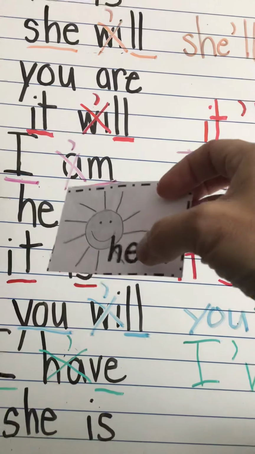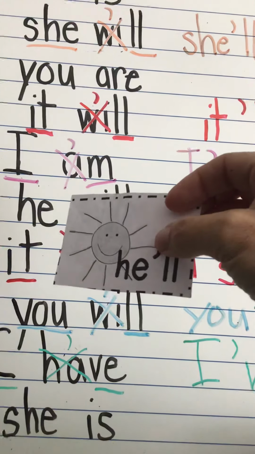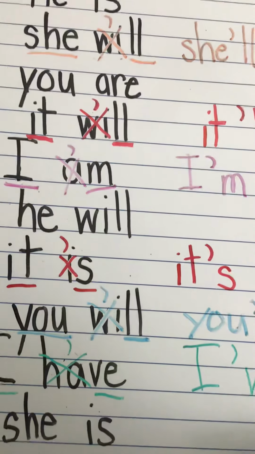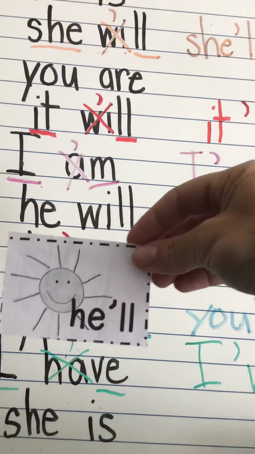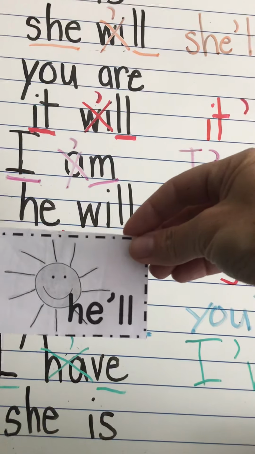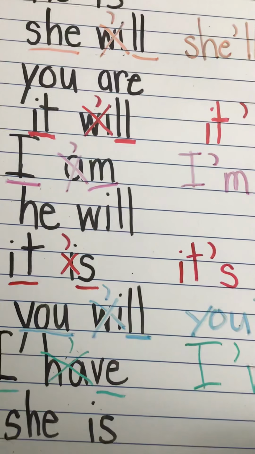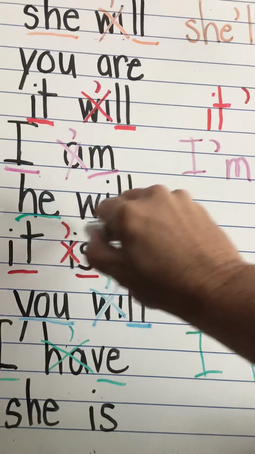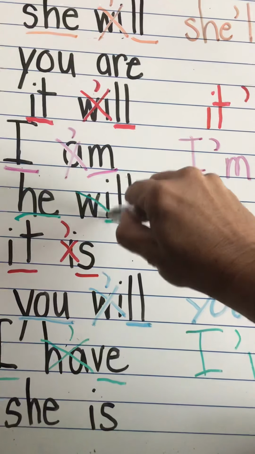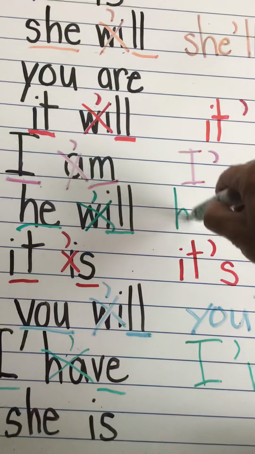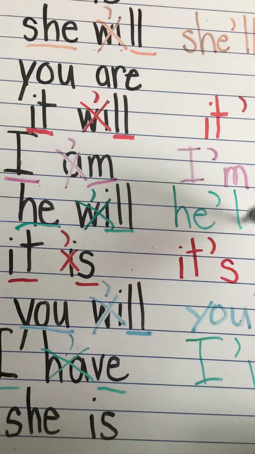He'll, H-E for he, apostrophe, and L-L at the end. Where do we see a word that starts with he and ends with L-L? He will. We kept the he, we kept the L-L, but we got rid of that W-I and put an apostrophe there. He'll means the same thing as he will.